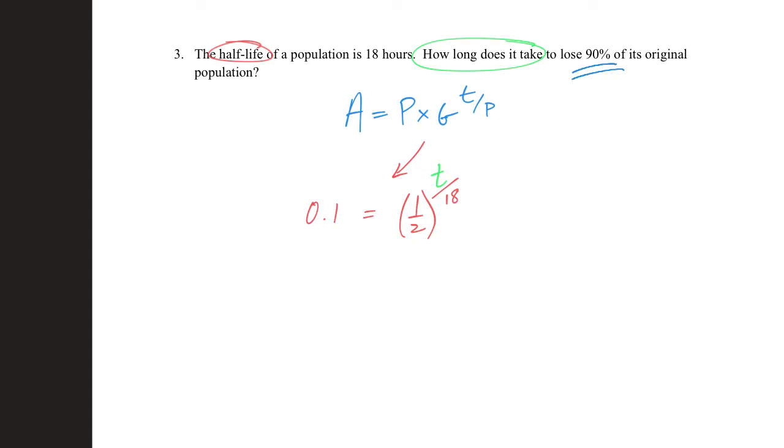Okay, we can work our way through that problem relatively quickly. You take a look and you see where your exponent is, where your variable is. It's up in the exponent. You got to get it out, which means we need to write both sides as a power of the same base. Well, it's not going to be that easy to write 0.1 as a power base 1/2.